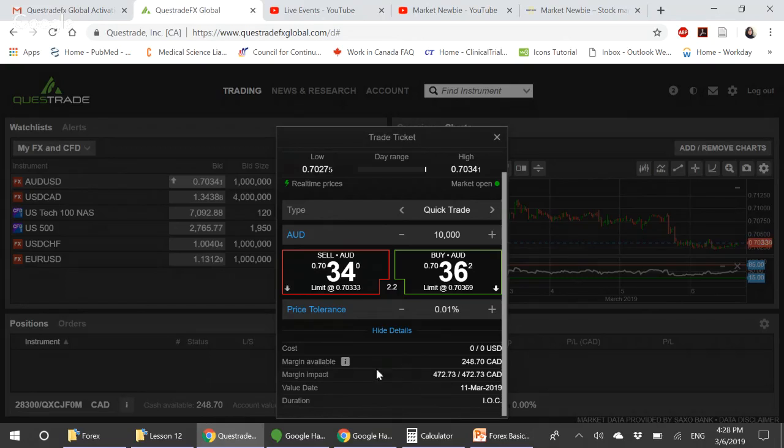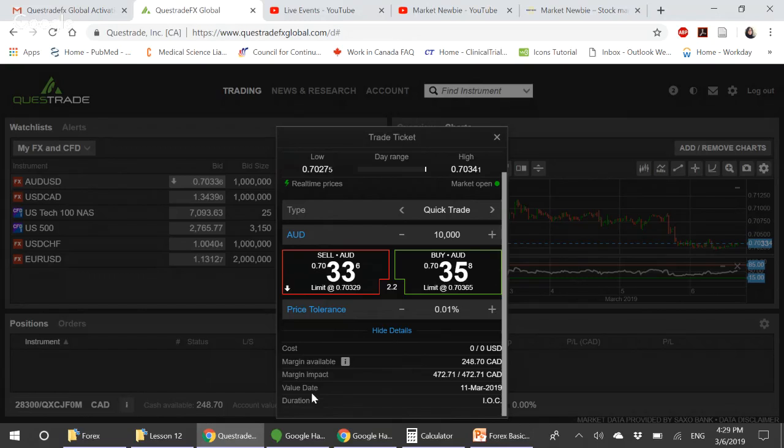Here's the account. It's a real account, but we have only 248 Canadian dollars in it, which is nothing. With 248 Canadian dollars, we need $472 on margin. Obviously, we can't open this position because our margin requirement is way more than our margin available.